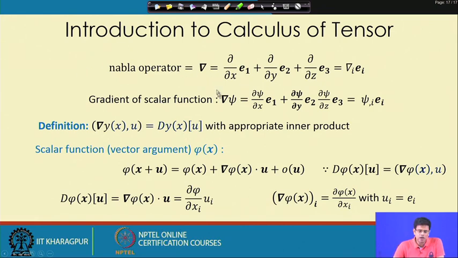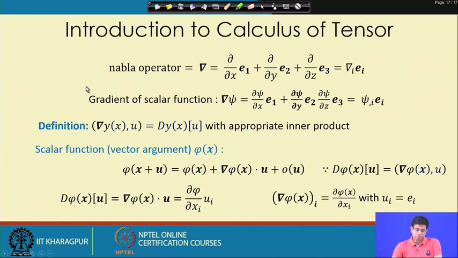When I write the gradient of a scalar function, it is just del of psi, which means the derivative has to be taken with respect to each component: del psi by del x E1 and so on, where E1, E2 and E3 are the unit vectors along the Cartesian component directions. Now, this quantity is a vector quantity, right. Even though psi is a scalar function, the gradient of this scalar function is a vector quantity. This has to be remembered.